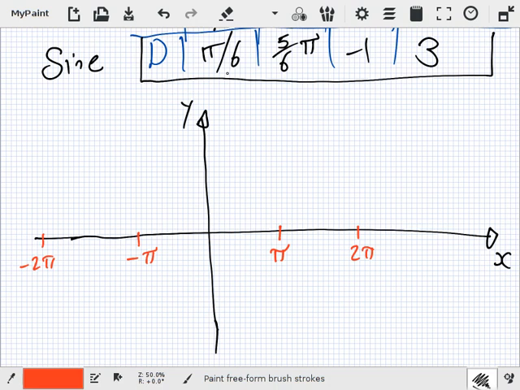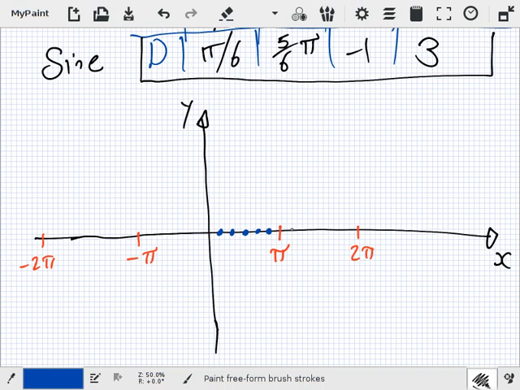Because I'm dealing with pi over 6, it would seem appropriate to go up in units of pi over 6, okay? So this here is pi over 6, 2 pi over 6, 3 pi over 6, 4 pi over 6, 5 pi over 6, and then 6 pi over 6, which is pi.